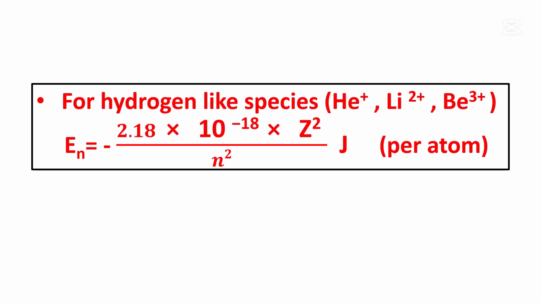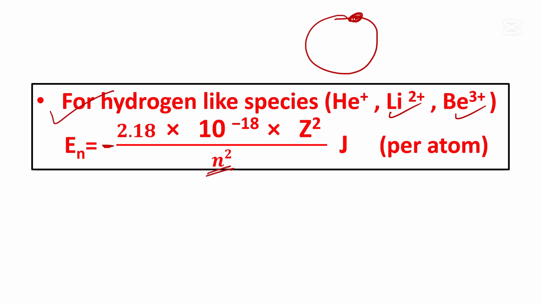And for hydrogen-like species like He plus, Li 2 plus or Be 3 plus, that is, species containing a single electron, the expression for the energy of different shells or energy levels is given by minus 2.18 into 10 to the power minus 18 into Z square by n square, where n means the principal quantum number.